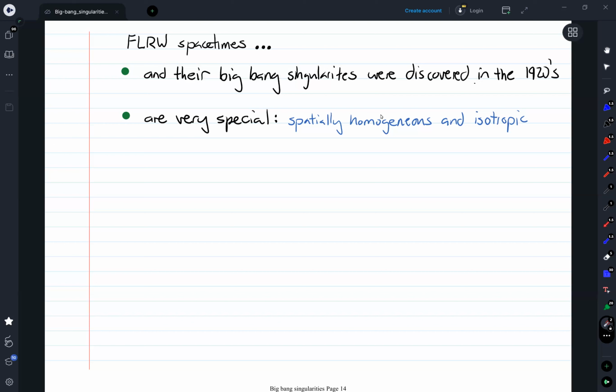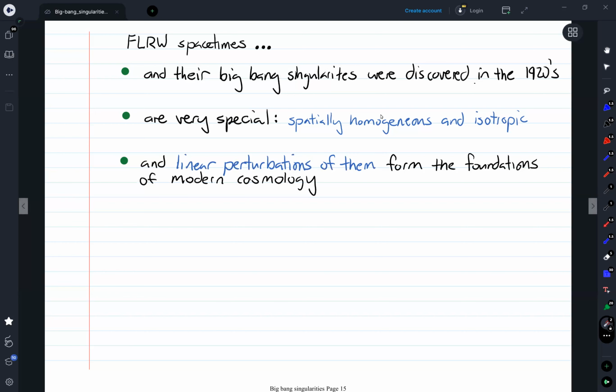Now the universe isn't spatially homogeneous and isotropic, so these can't describe the exact universe, but one thing you might want to do is treat them as a solution around which you do linear perturbation theory, to characterize solutions that are almost spatially homogeneous and isotropic, but not quite. Then you assume that the deviations are small.